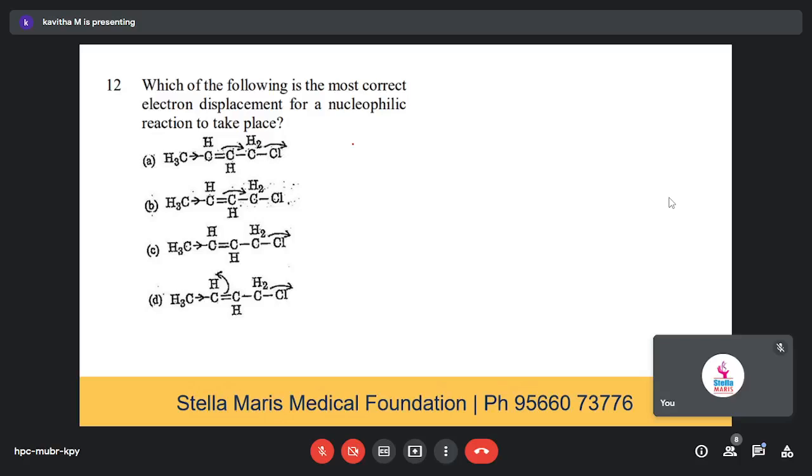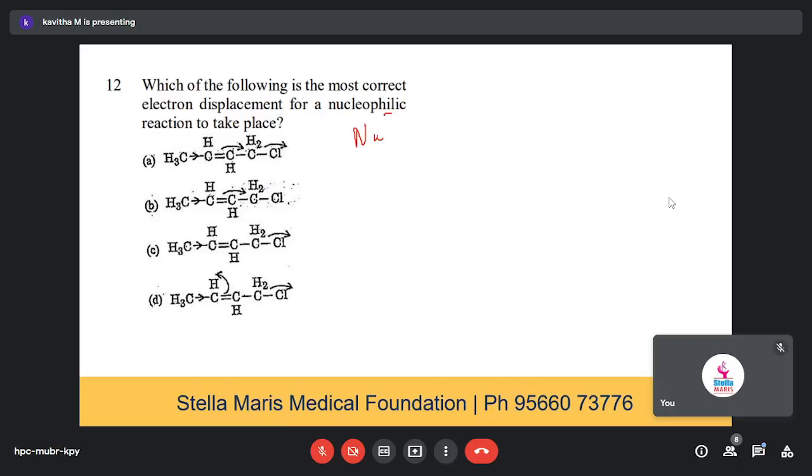So the option will be... nucleophile means it is an electron-rich center, Nu minus. When the attacking group with the negative charge comes in, the place in the substrate should have a positive sign.